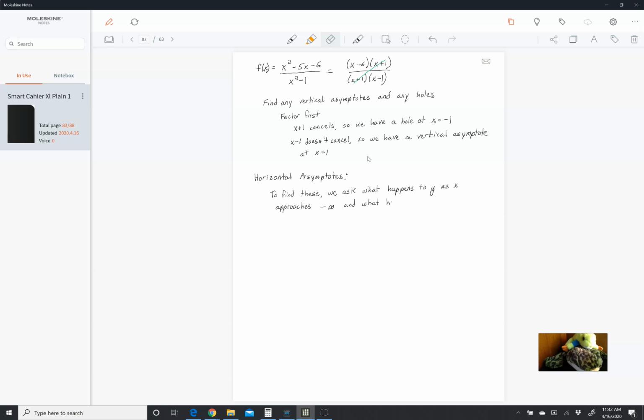What happens to y as x approaches positive infinity?